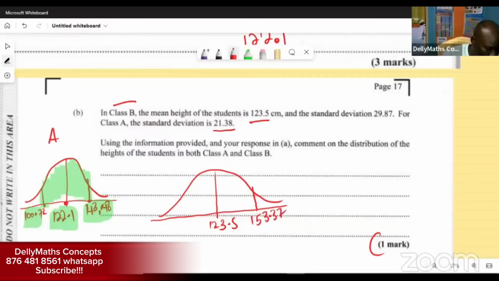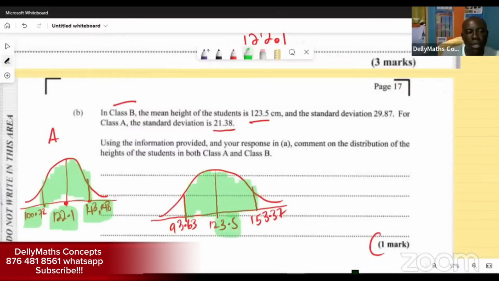And if you subtract the 29.87 from the 123.5, it's going to go down to 93.63. It is telling you that this is how the scores were spread out, how far it is from the mean.